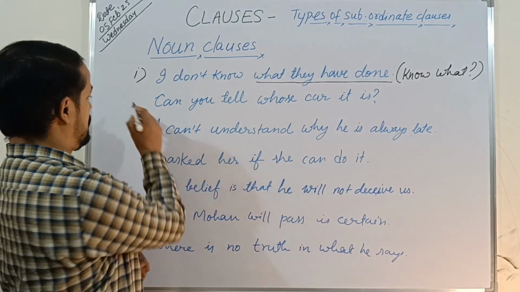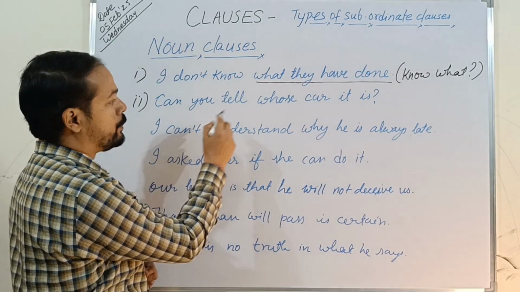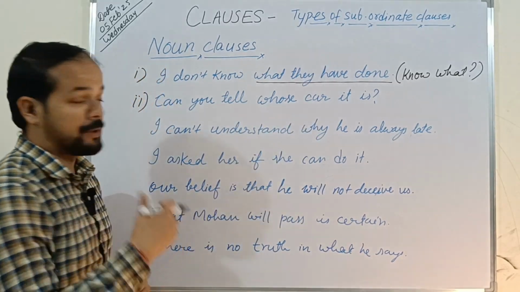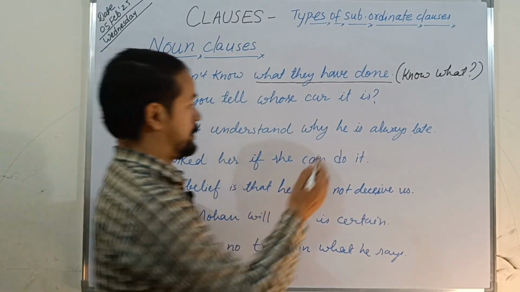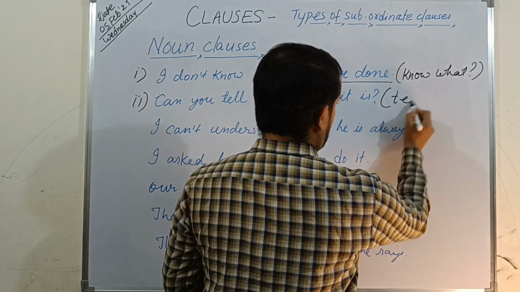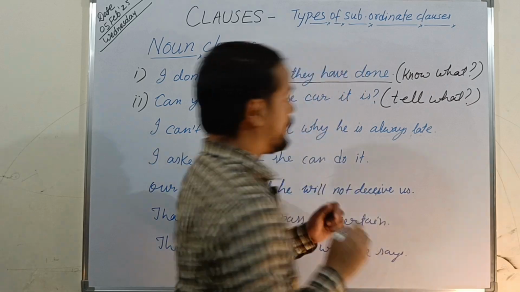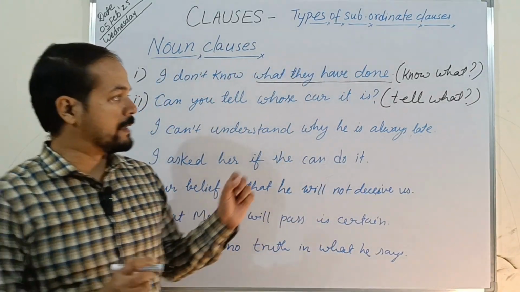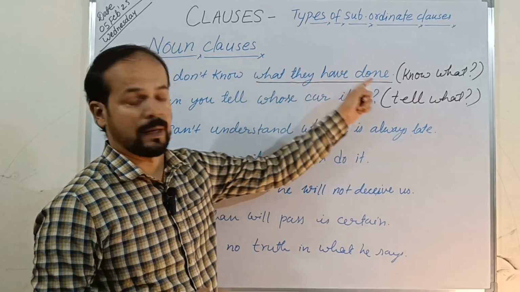Now the next sentence: Can you tell whose car it is? Now you can ask yourself the question, tell what? So a noun will answer these questions. Know what? That means what they have done.